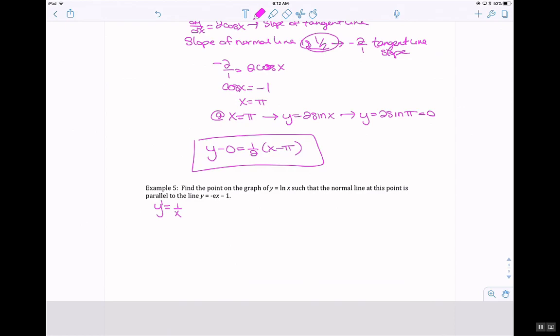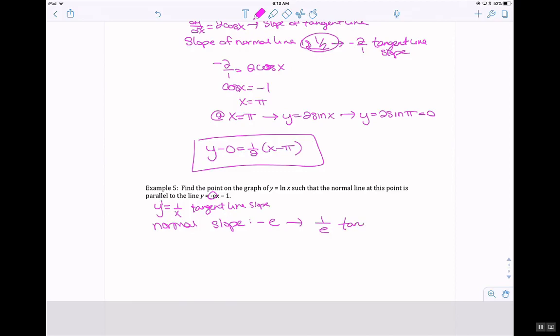So my normal slope is equal to negative e. This represents the tangent line slope. So to get my tangent line slope, this is positive 1 over e.